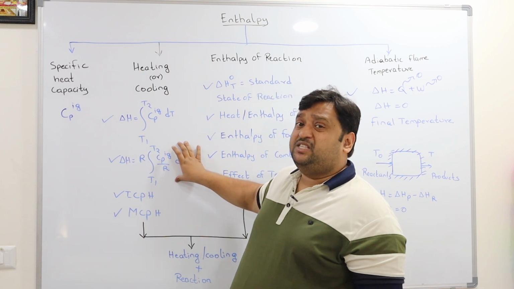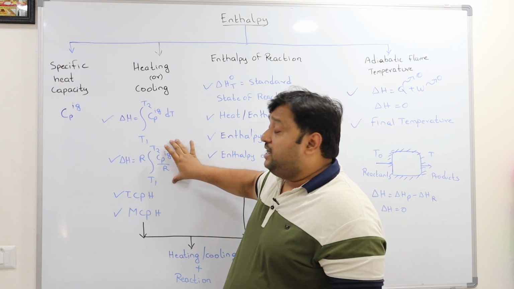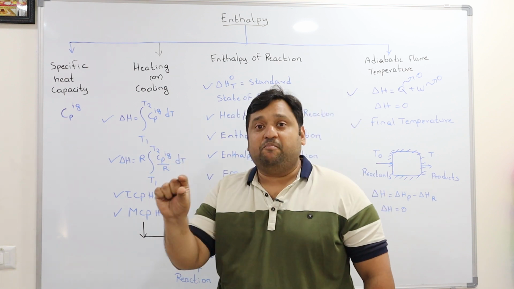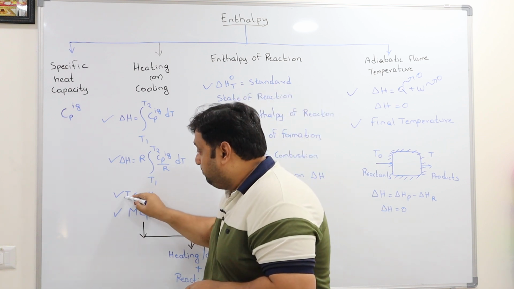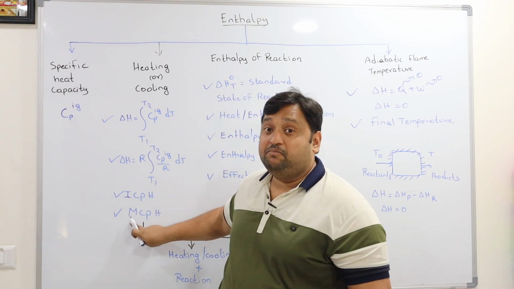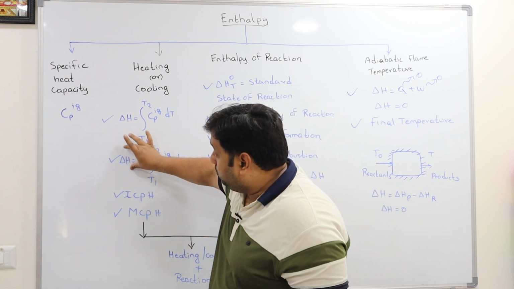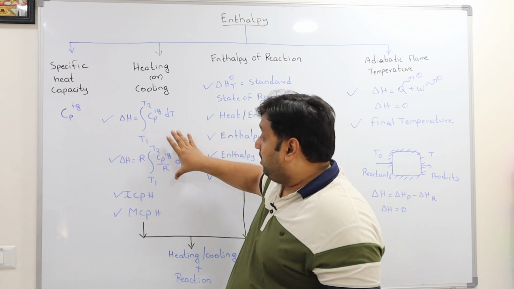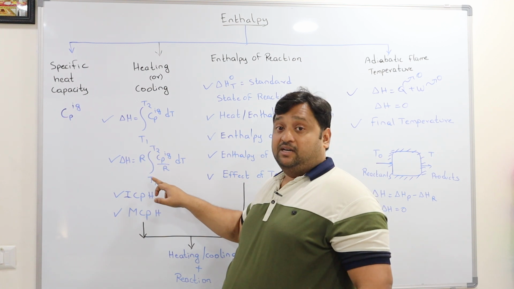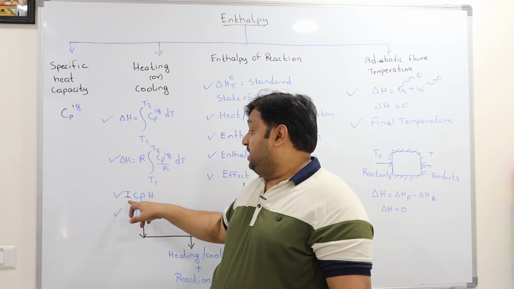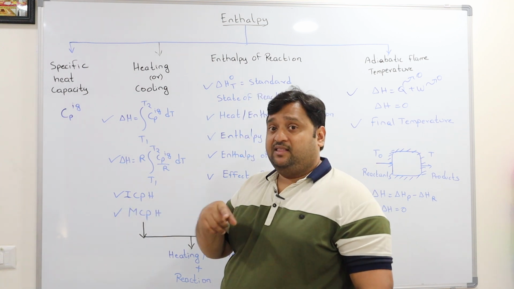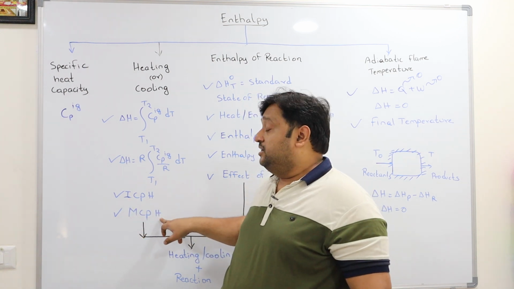In thermodynamics by Smith and Van Ness, this integral term has a special name. There are two names associated. One is ICPH and the second is MCPH. That means for you to calculate the change in enthalpy, you have to evaluate this entire term. This entire term has specific names. One of the names is ICPH, the second is MCPH.